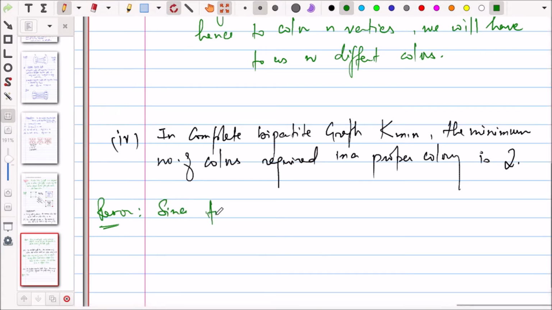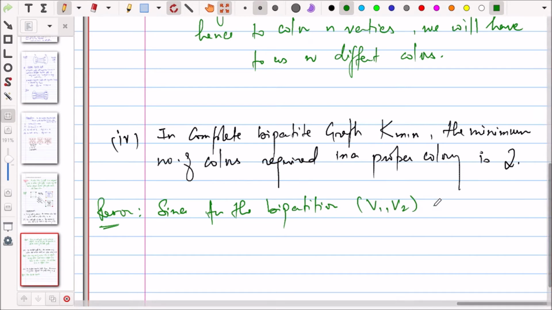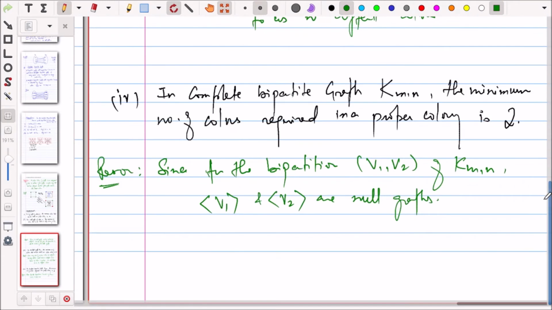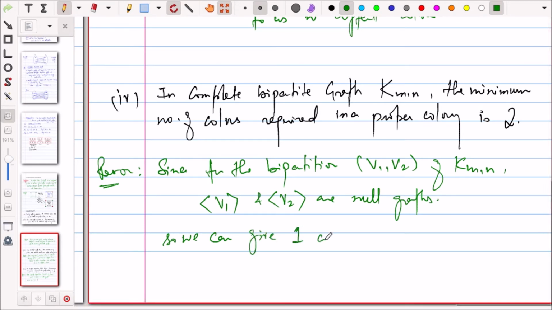Since for the bipartition V1, V2 of Km,n, V1 and V2 are null graphs, so we can give one color to all the vertices of V1, right?